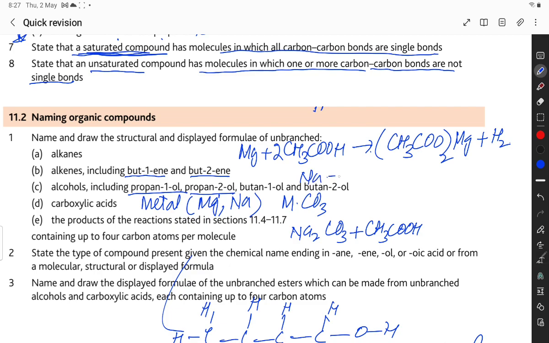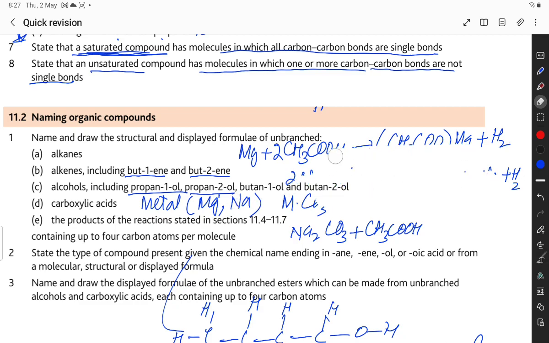And sodium plus CH3COOH forms CH3COONa plus H2, placing 2 over here, 2 over here, and 2 over here. This is a metal with ethanoic acid, and with all other carboxylic acids it is the same reaction, same balancing.